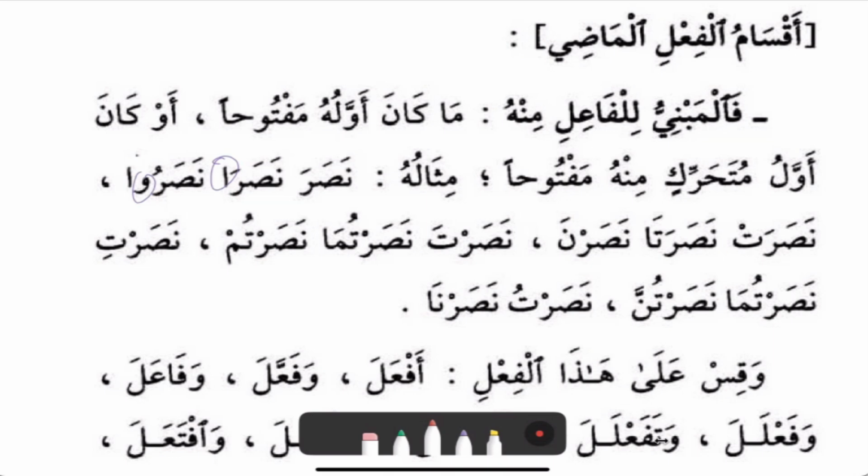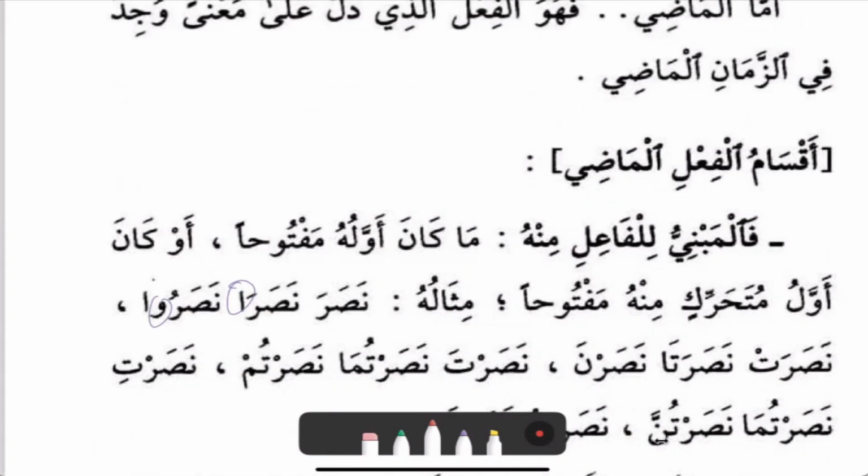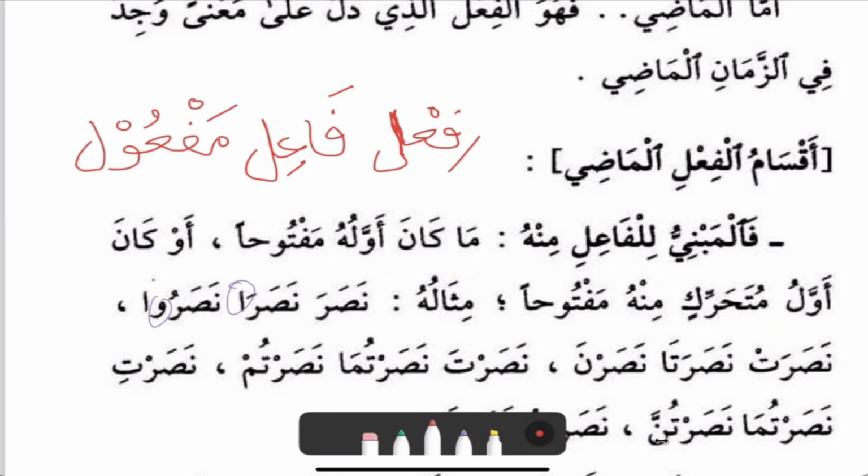So, you know you have fi'l, and fa'il and maf'ul. What's fi'l? That's the action or the doing. Or verb, it's the third word, but let's say it's the doing or the action.